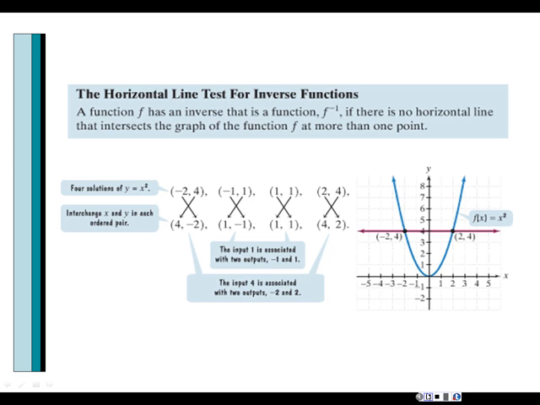Because even if we have a function, it may not have an inverse function. We know it, right? That function has to have the one-to-one property to qualify as having an inverse function.